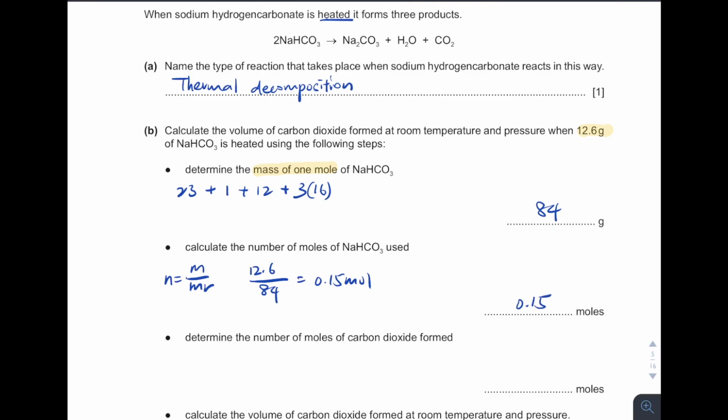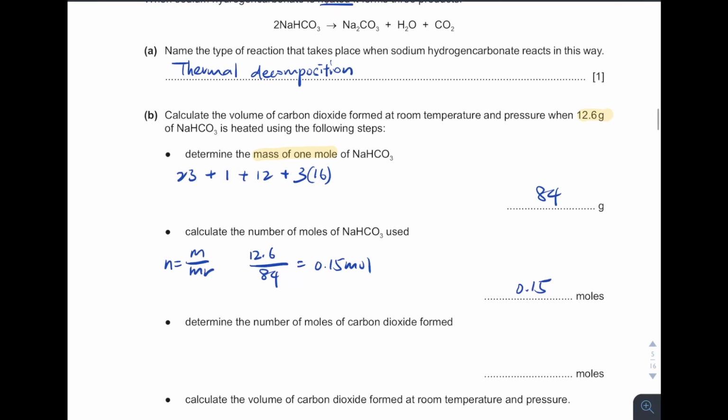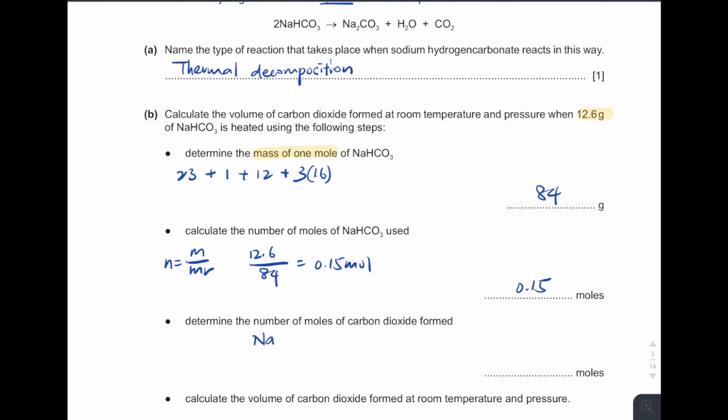And then determine the number of moles of carbon dioxide. In this case, you have to compare the mole ratio. You found the moles for this, and you compare with CO2. You see the ratio is 2 to 1. So if the moles of sodium hydrogen carbonate is 0.15, what is the moles of CO2? We divide by 2.